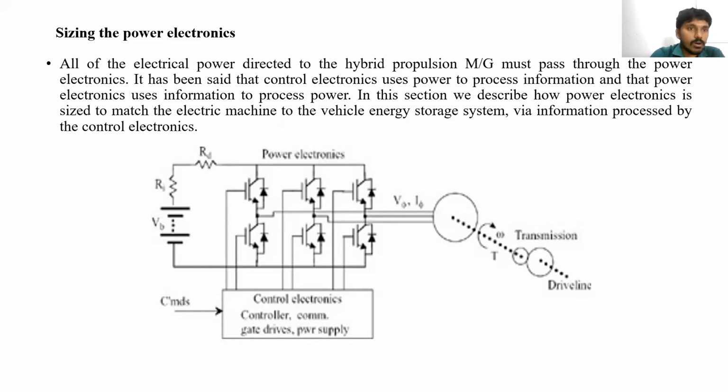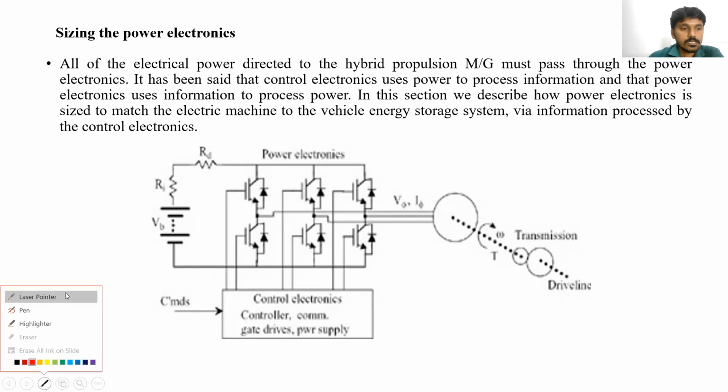All of the electrical power directed to the hybrid propulsion MG set, MG set meaning motor generator set, must pass through the power electronics.